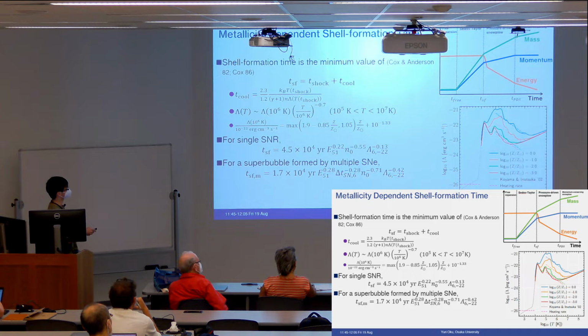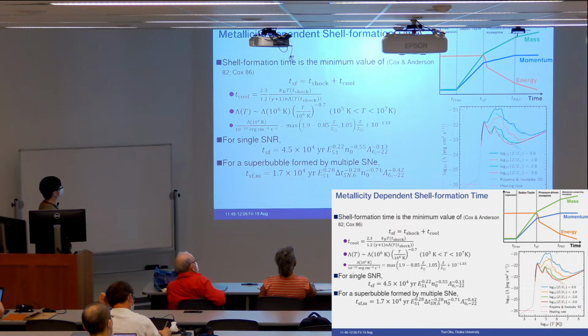First is the free expansion phase, where the increase of mass is negligible, so energy and momentum are conserved. Then it enters the Sedov-Taylor phase, where energy is conserved but mass increases and the momentum also increases rapidly. In this phase, about 80% of the terminal momentum is acquired until the shell formation time.